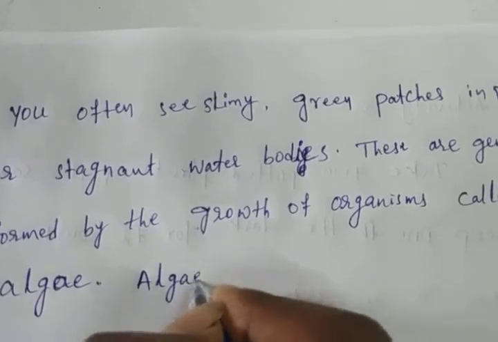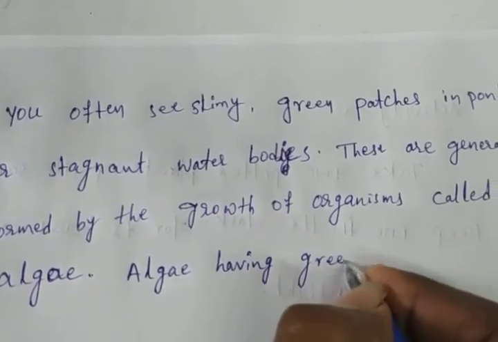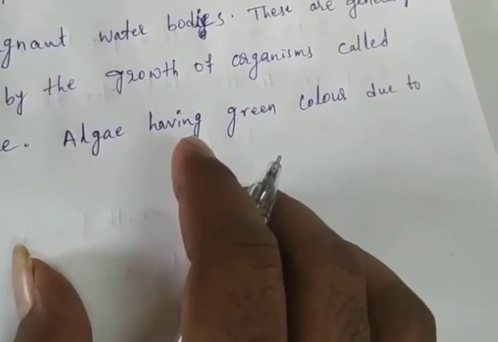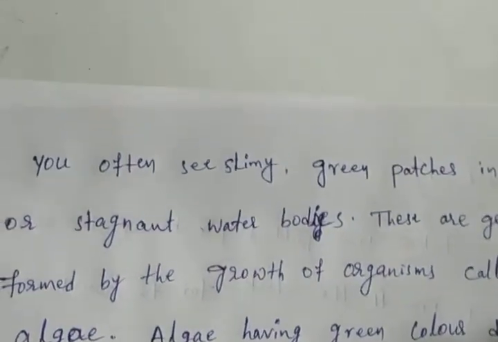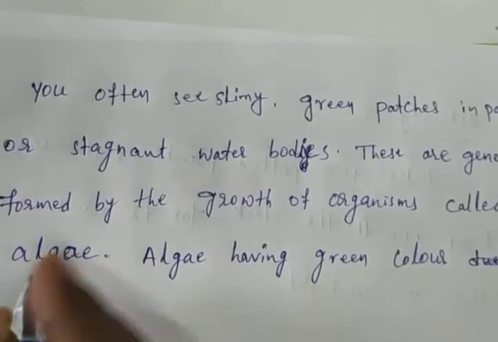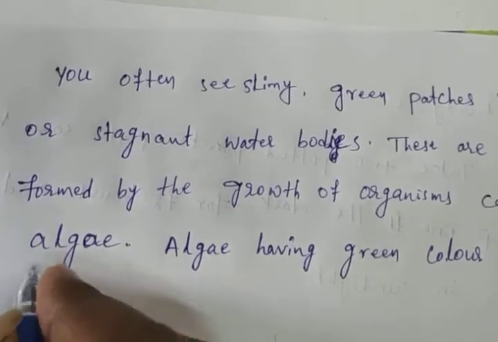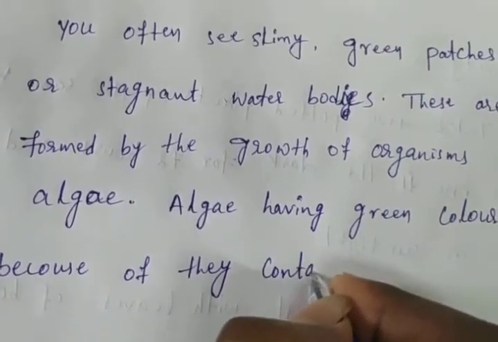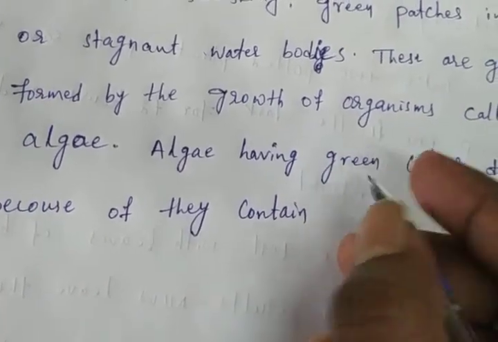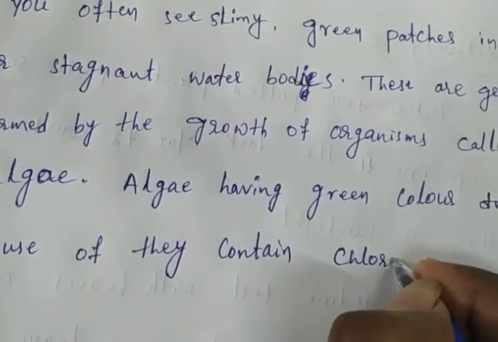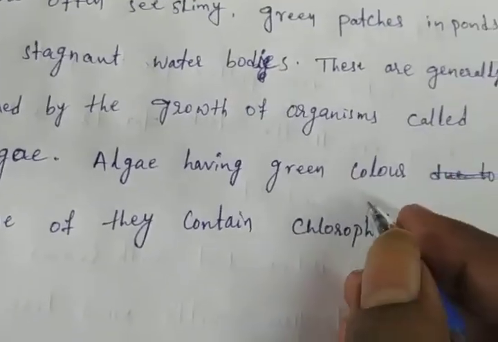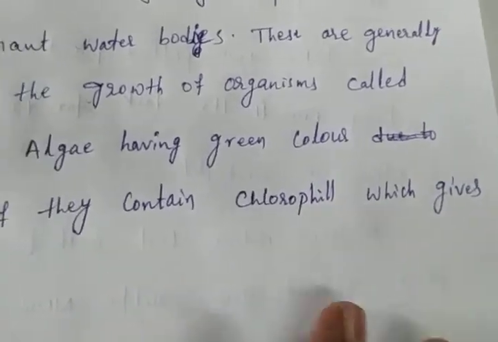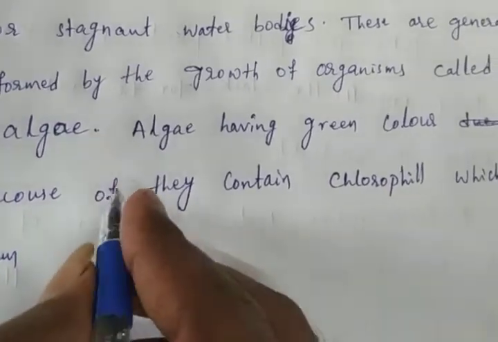Algae are green because they contain chlorophyll, which gives them the green color.